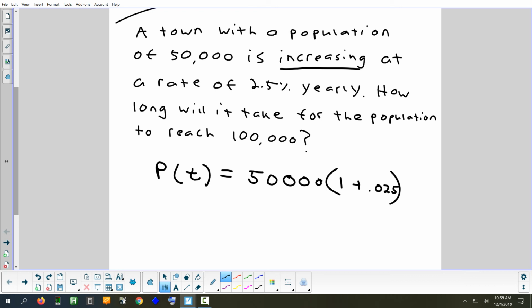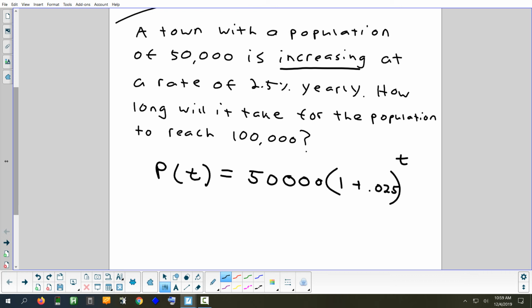Would the exponent be 1? Or no? The exponent, that's always your variable. So it'll just be t. So remember, the formula is p times 1 plus r to the t. You know the p, you know the r. You don't know the t. That's the question. How long will it take? We're going to solve for that.